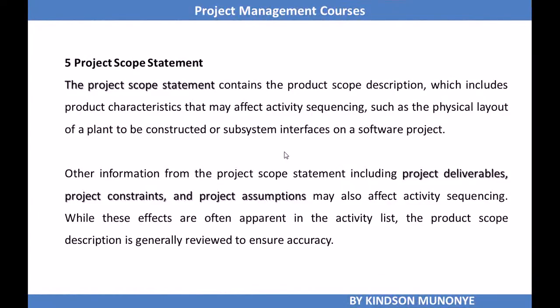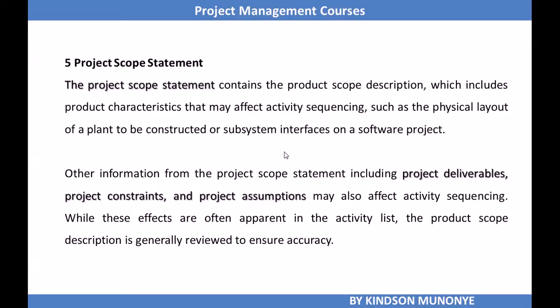Project scope statement is necessary because it contains the project or product scope description, which includes product characteristics. So for you to sequence, you need to know the characteristics of these activities. That will enable you to sequence in the right way. Characteristics such as the physical layout of a plant to be constructed or subsystem interfaces might affect how it is sequenced.